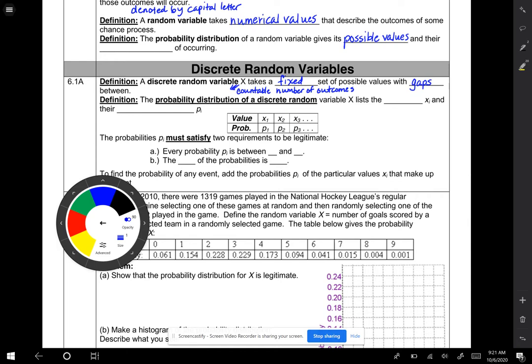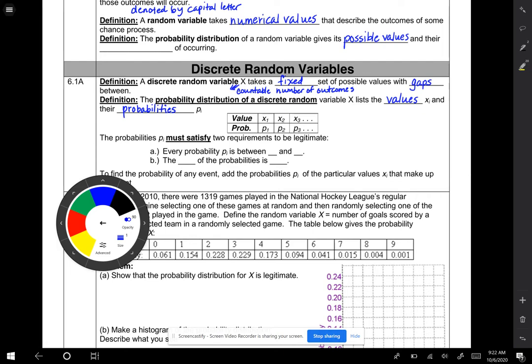The probability distribution of a discrete random variable x lists the values, known as x sub i, and their probabilities, known as p sub i. If you look at the table, you have in the first row the value of the variable. So you have x sub 1 and its probability would be p sub 1, and then x sub 2's probability would be p sub 2, and so on.